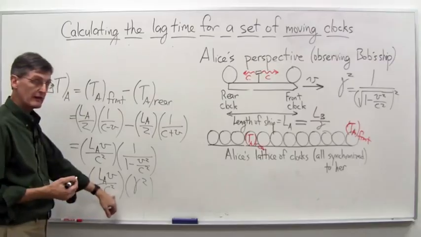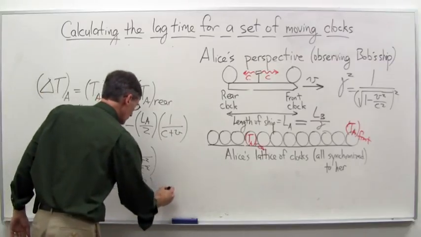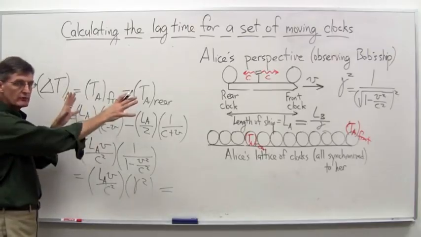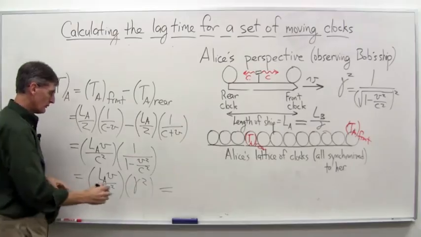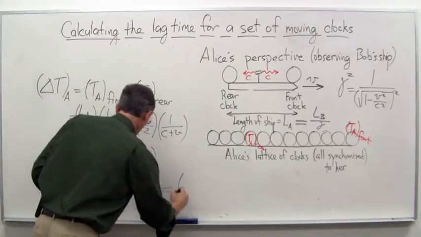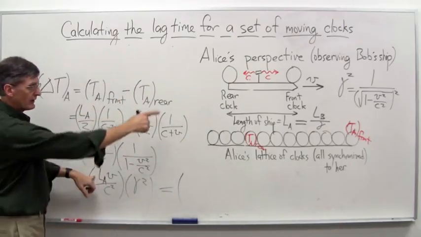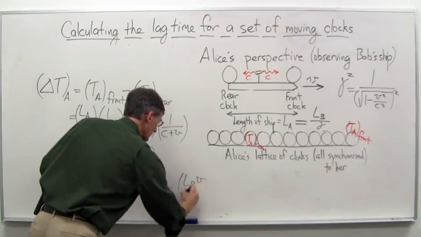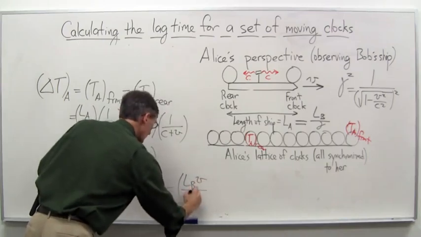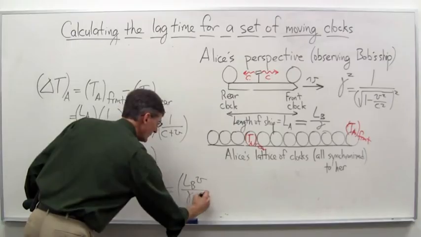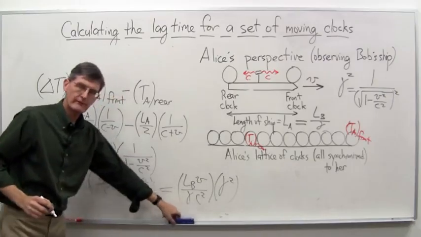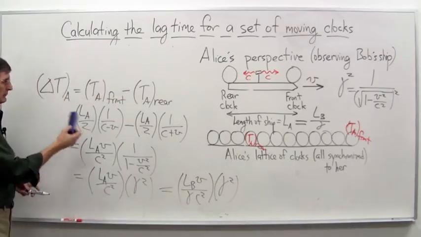So we can plug that into our formula here. Remember, this is the time difference that Alice perceives, that Alice observes between the two clocks. So we've got L_A, L sub A becomes L_B over gamma. So this becomes L_B v over gamma c squared times gamma squared. In fact, I'm going to write it up here now.